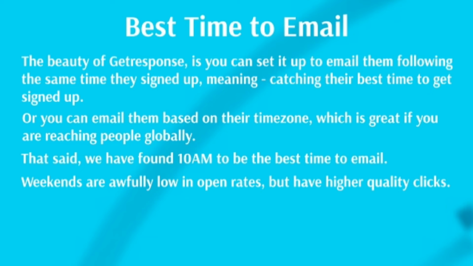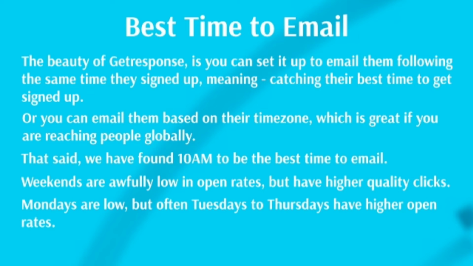We can't give you a definite answer with that as well, because different niches are different. Another thing we found is that Mondays tend to be low. And that typically is because people are coming off the weekend, they're tired, and a lot of times, they don't really want to check their email. They have to check their email, but they may not really want to, or they're catching up on things and they're really, really busy.